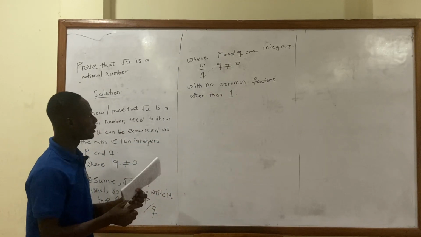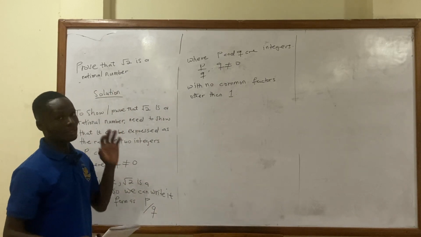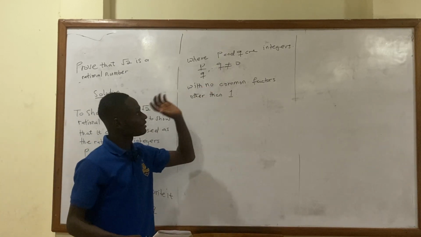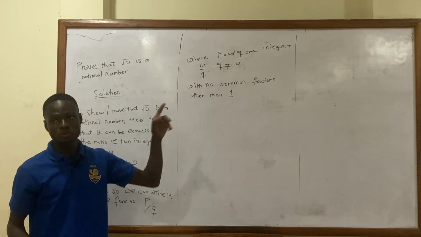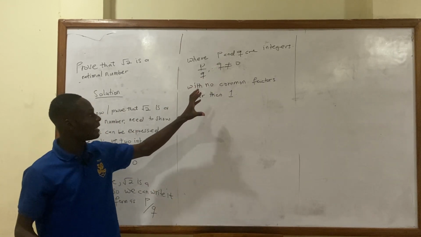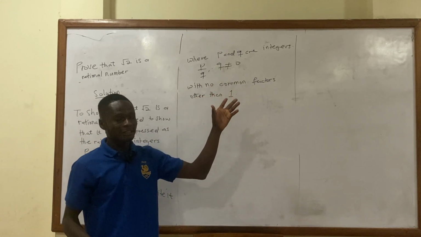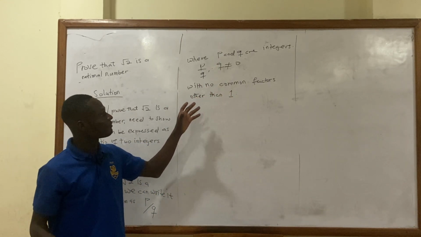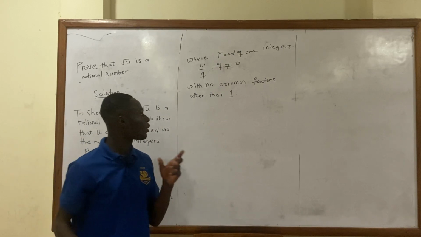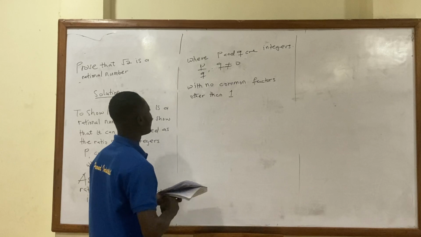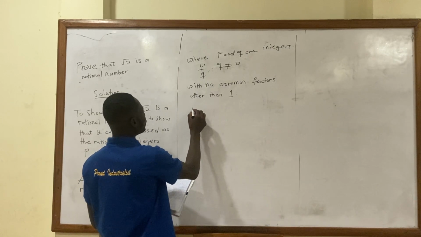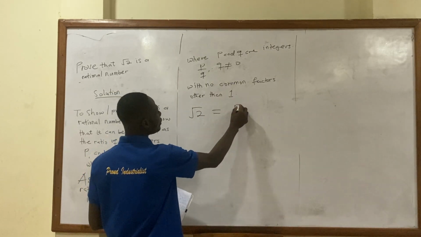If you want to show that root 2 is a rational number, first p and q must be integers where q is not equal to 0. And then the integers must not have any factors other than 1. All right. So from there we can say that root 2 is equal to p over what?